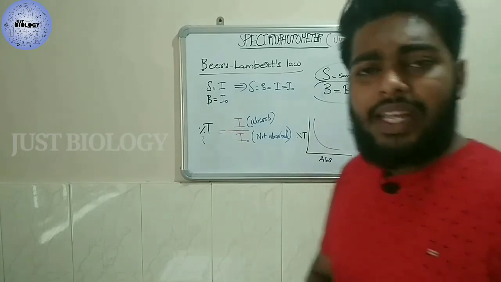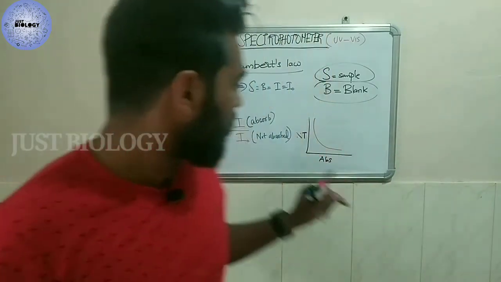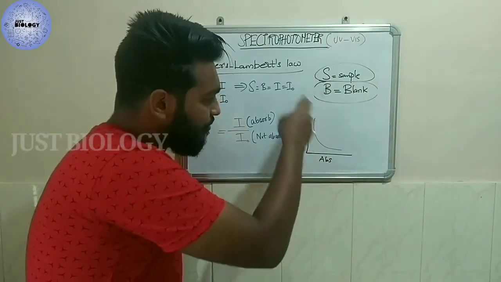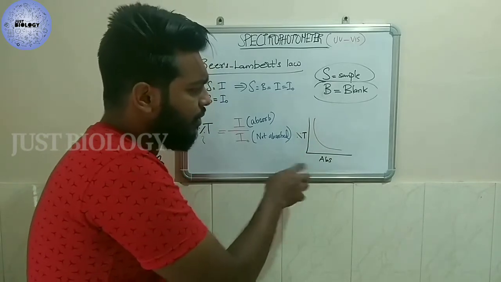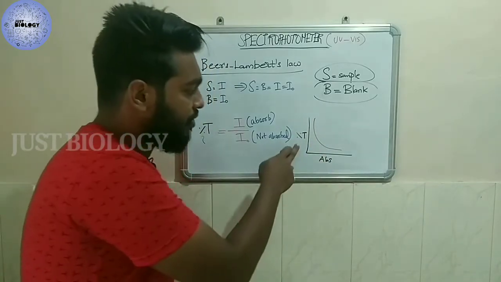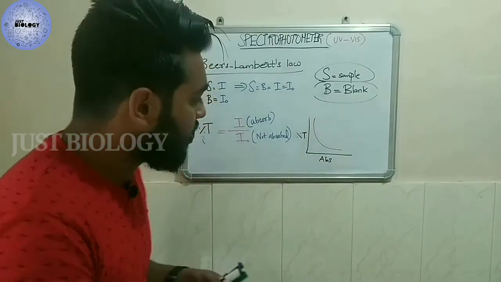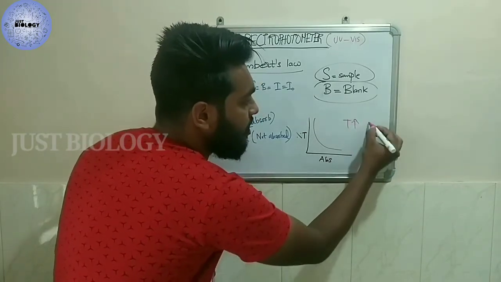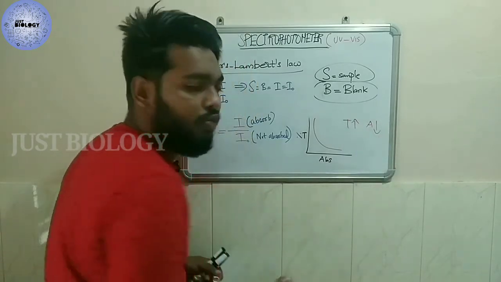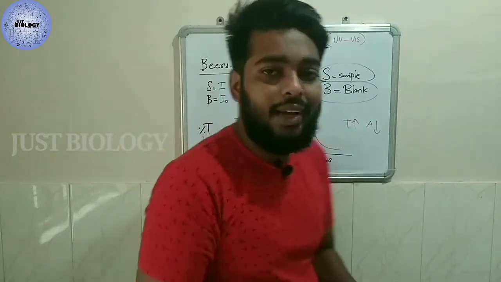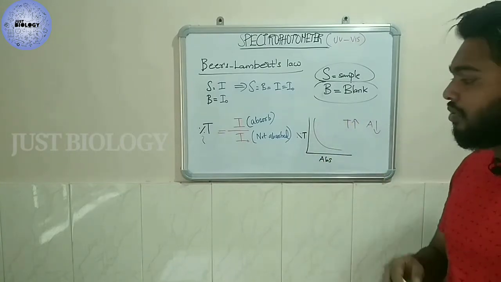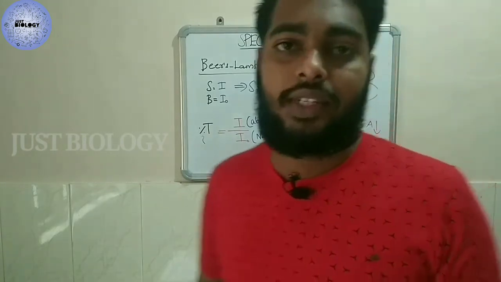We call this graph declined, because both are declined, but this is an inverse graph. If the percentage of T is increasing, then A gradually decreases. So this kind of graph cannot be used for the identification of the unknown concentration.